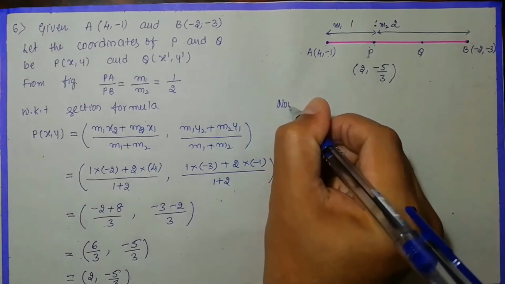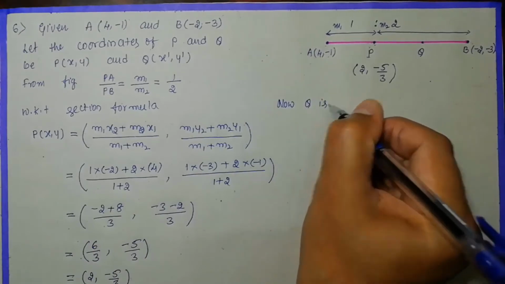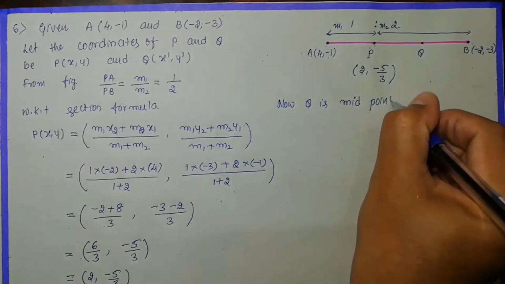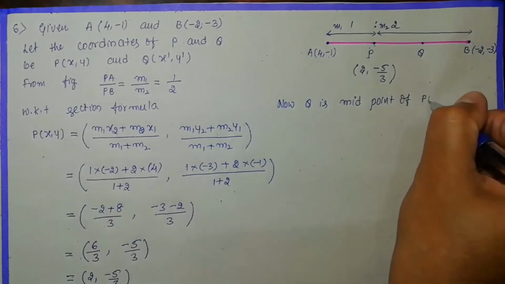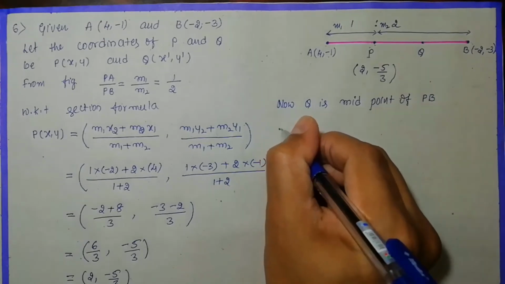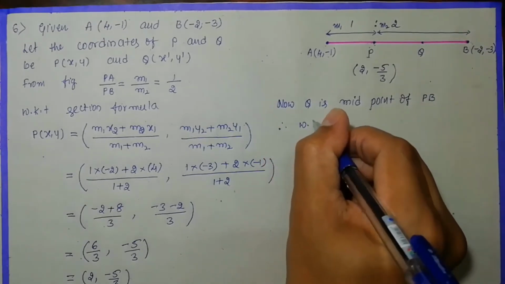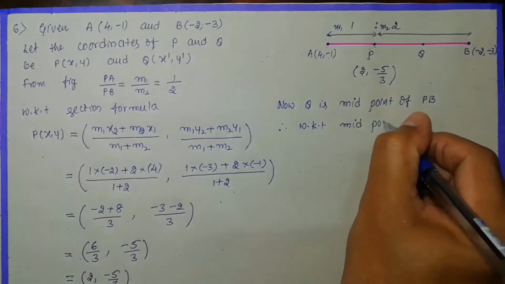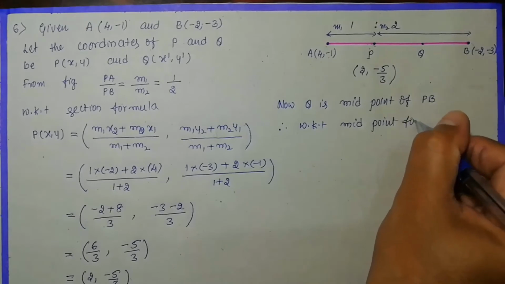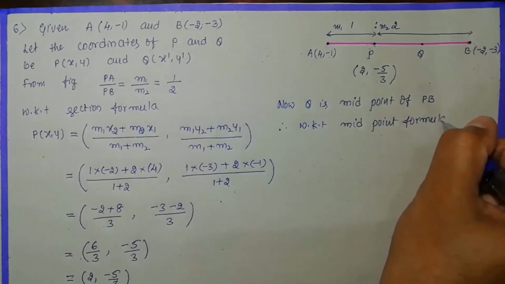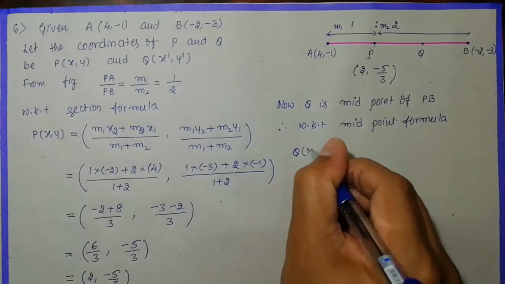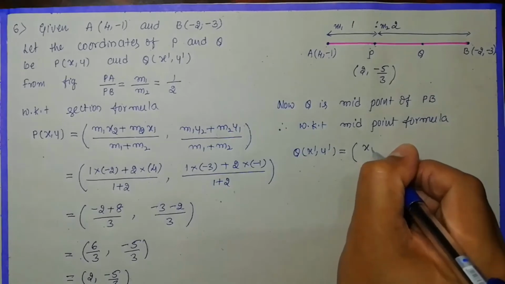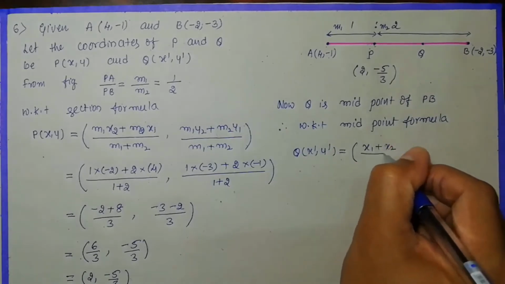Now Q is the midpoint of PB. So therefore we know the midpoint formula: Q of x dash comma y dash is equal to, I'm going to write it like this, x1 plus x2 divided by 2.